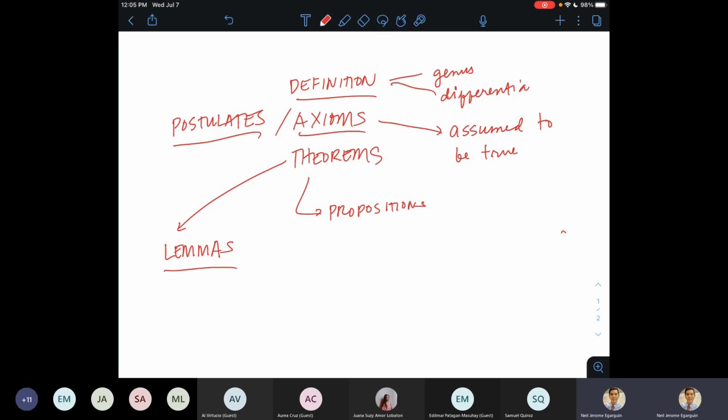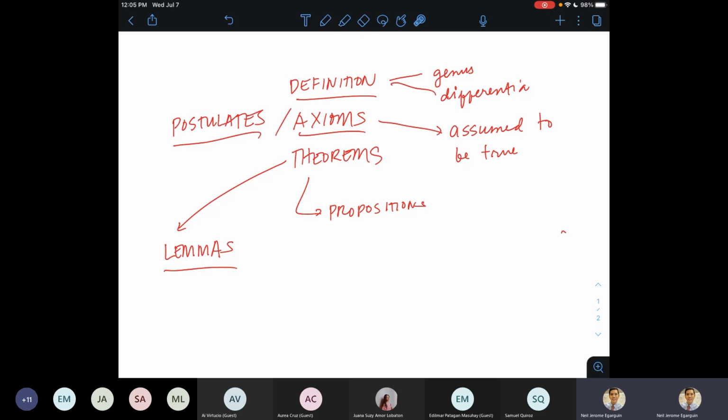So it is a theorem that is used to prove a more major theorem. So parang siya yung stepping stone in order to prove a certain theorem. It's just that the result, or the consequence of the lemma, has a more far-reaching implication. That's why that result is called the theorem, and the preceding result, which is a theorem on itself, is just called the lemma.